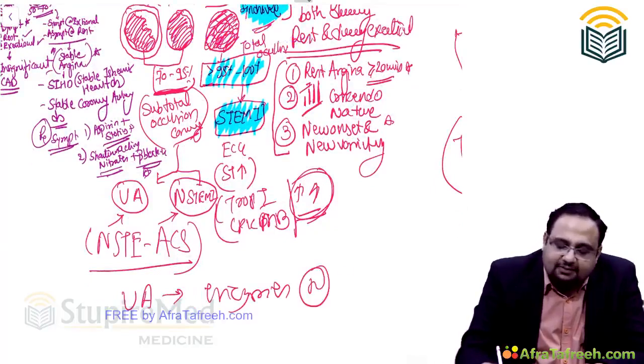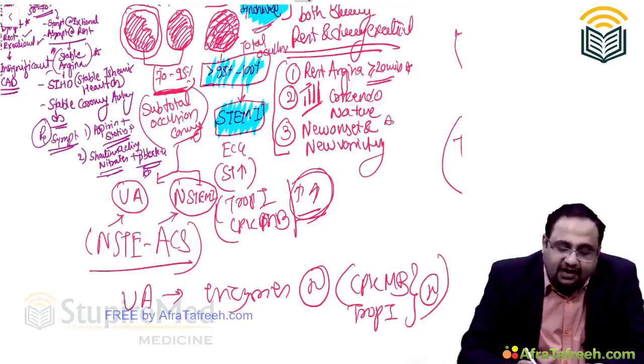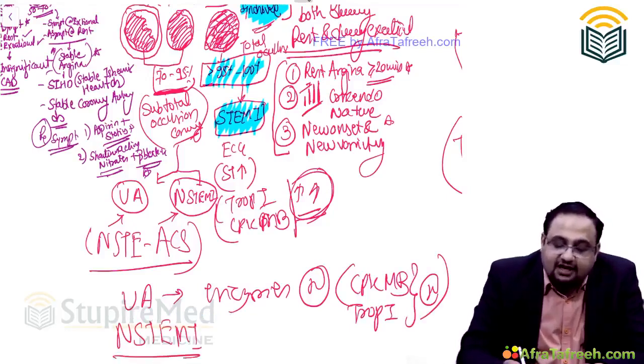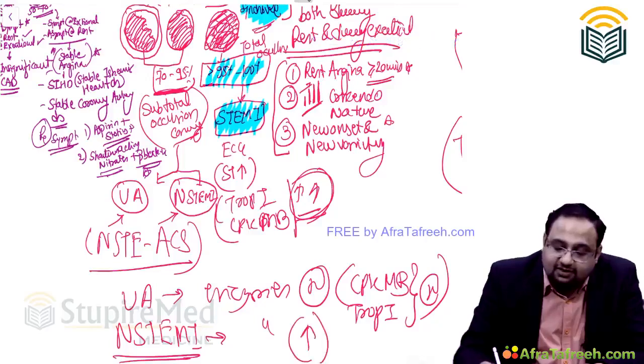While in non-ST segment elevation myocardial infarction, the enzymes, CPK-MB and troponin I, would be increased.